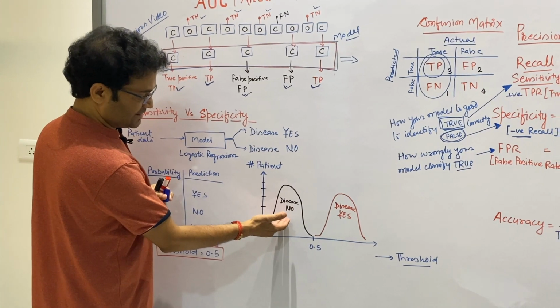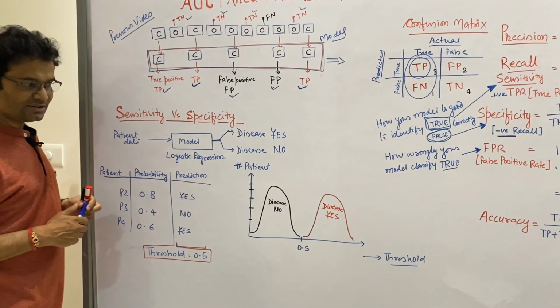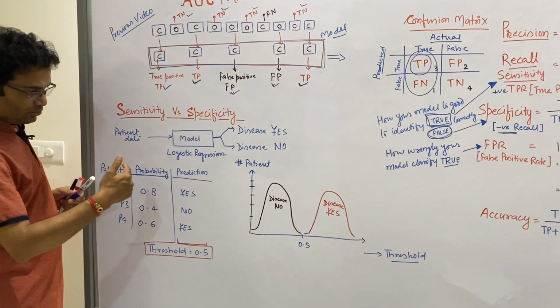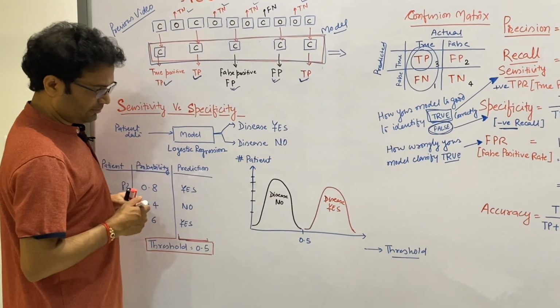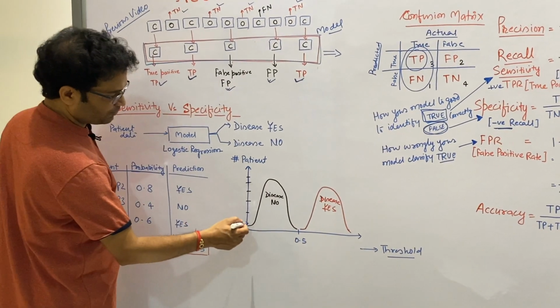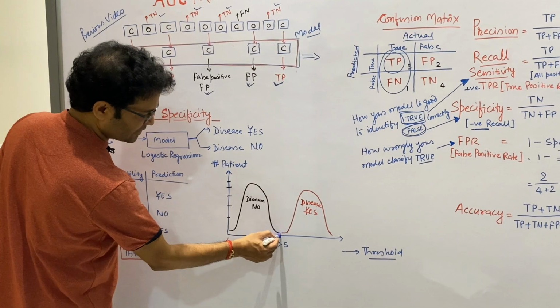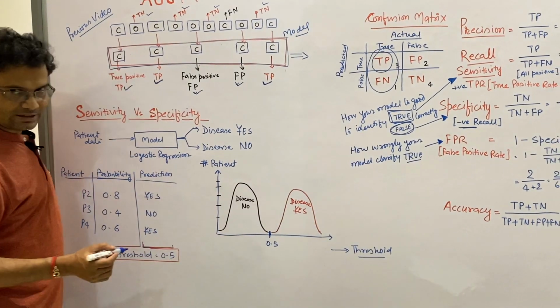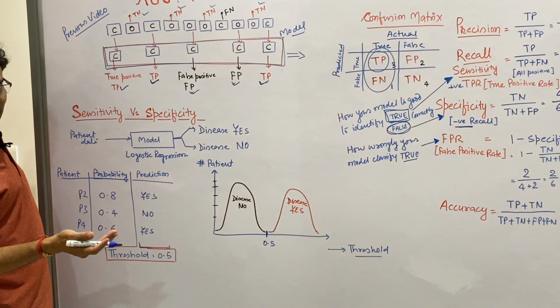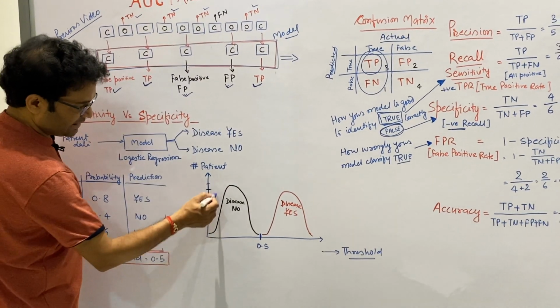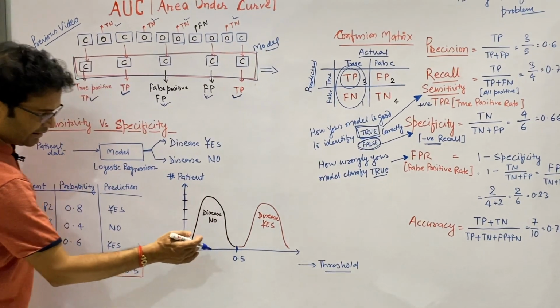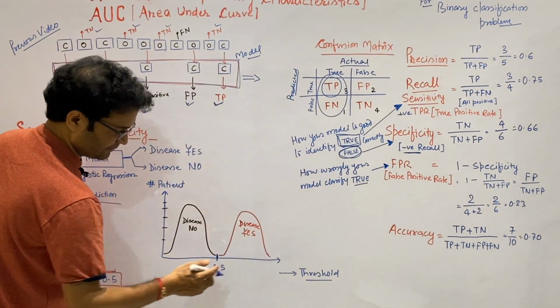Some patients have the disease yes, some patients have the disease no. So what happens when you draw this graph, and you say this is the 0.5 threshold, then all the patients who will not have the disease will come here, and those who have the disease will come here.